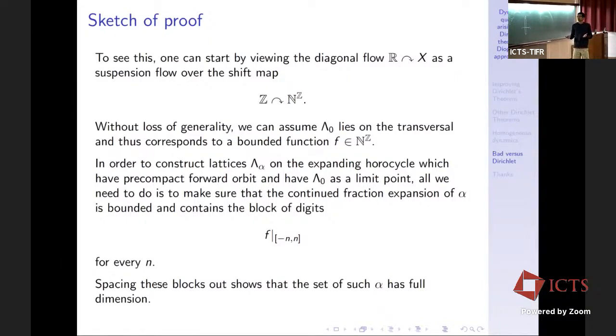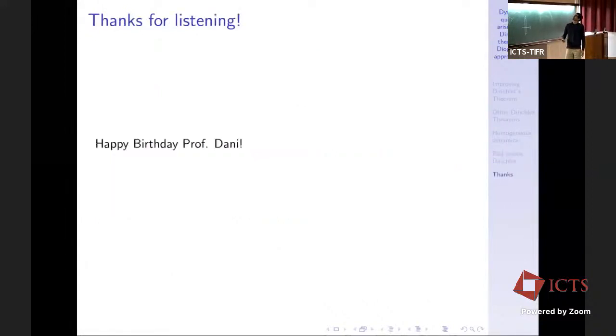This is a condition, it defines a set of alpha. And if you make your condition sparse, if you say I want these blocks to appear with enough spacing, you can see that what you've constructed is a very fat Cantor set, and it has dimension close to 1. And yeah, that's it. Okay.